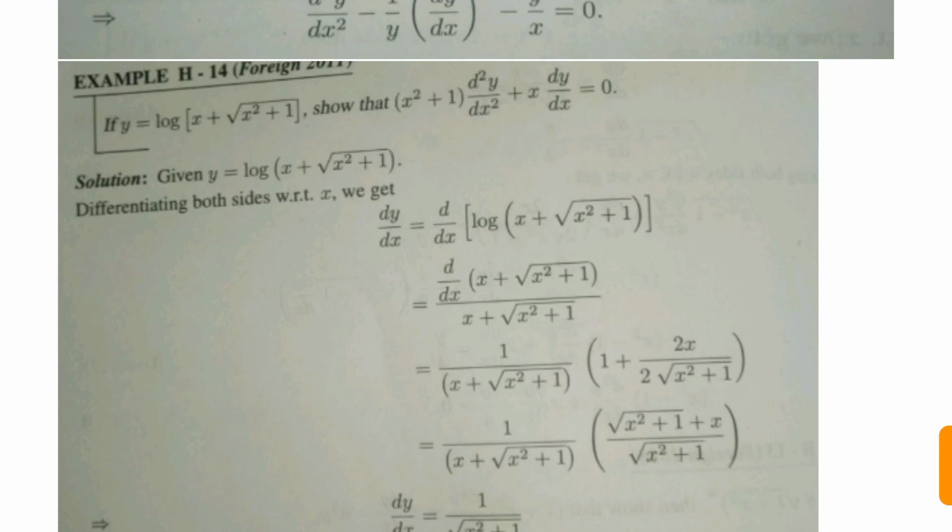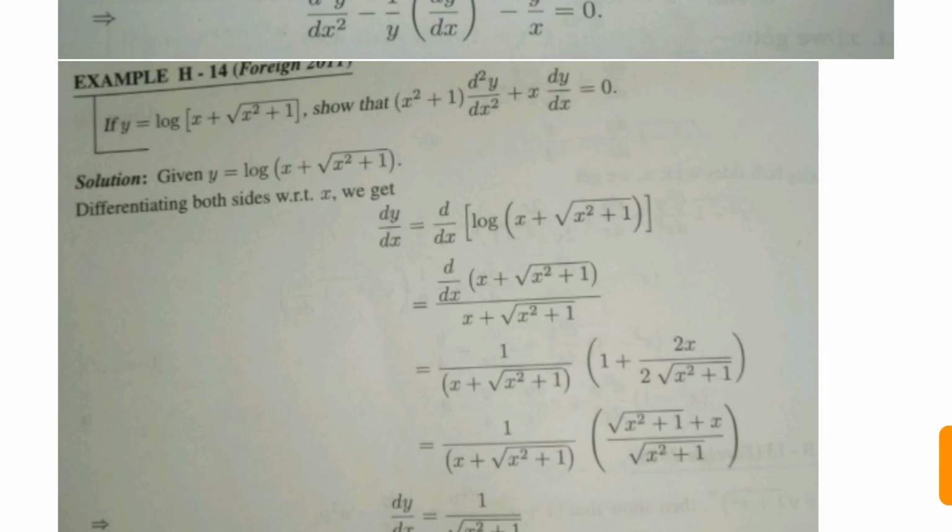Thus we get 1 upon x plus under root x square plus 1 into 1 plus 2x upon 2 under root x square plus 1. 2 cancel out, you get 1 upon x plus under root x square plus 1, and taking LCM here, LCM is under root x square plus 1.